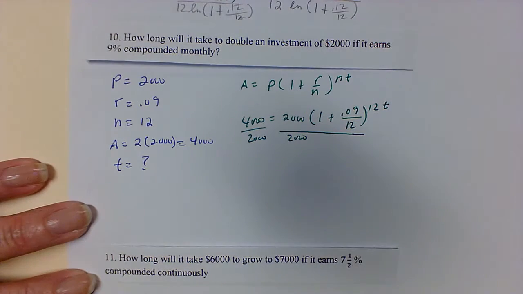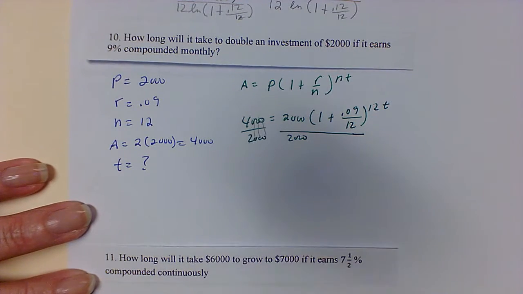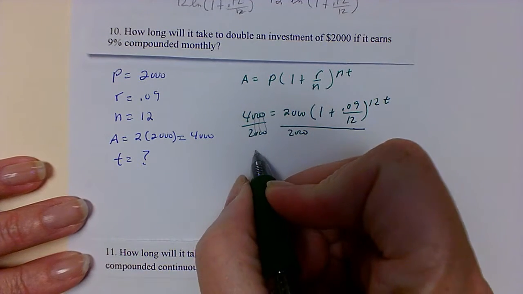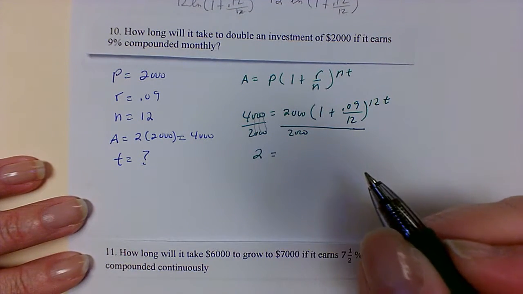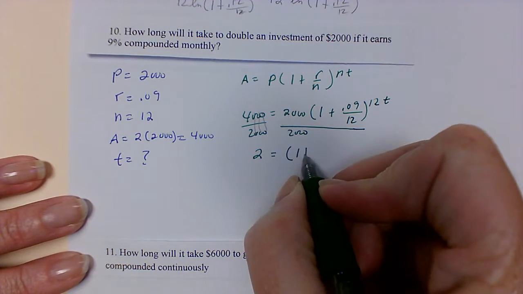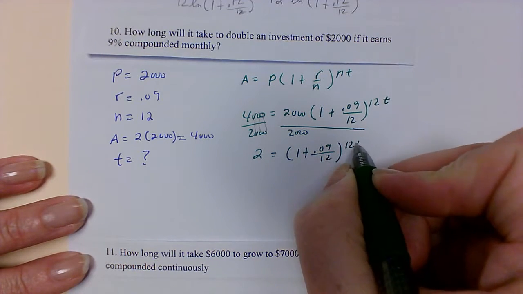So again, those zeros will cancel. And 4 divided by 2 will equal 2. So we have 2 is equal to 1 plus 0.09 divided by 12 raised to the 12t.